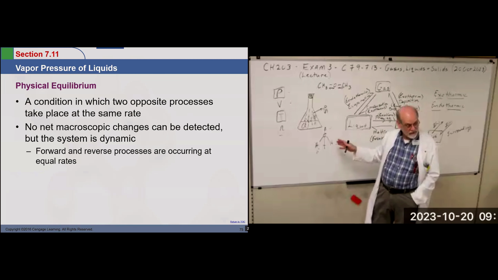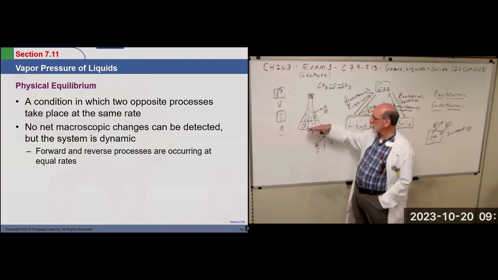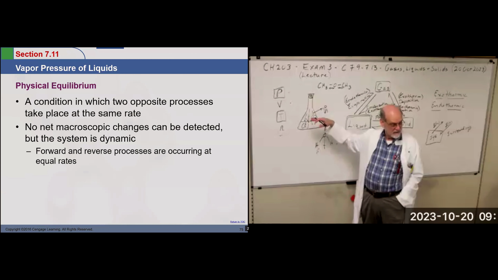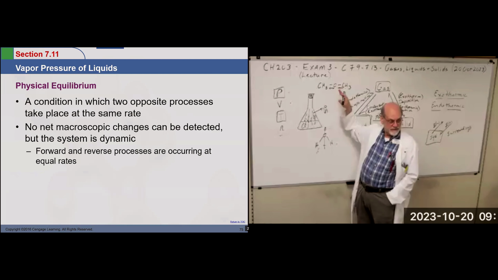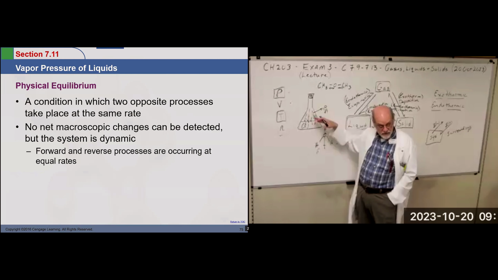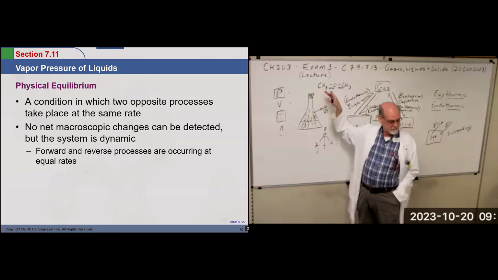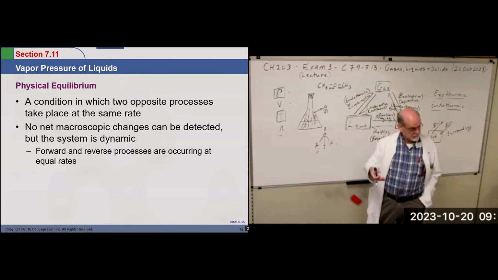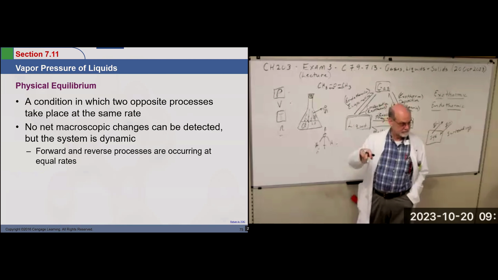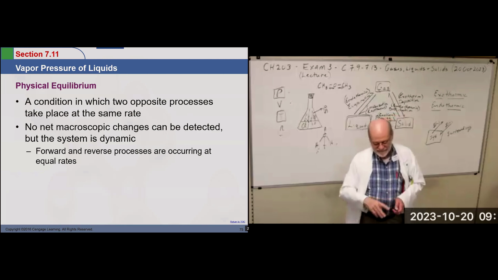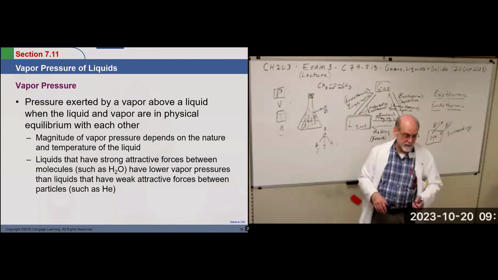So if we know it's water, then we can say, all right, we know that at this temperature, it's going to be that pressure. If we change it to this one, then we use a different chart, and at the same temperature, it's going to be a different head pressure for this one. In fact, it's going to be much, much higher because it evaporates more easily and puts more of these molecules in the headspace. All right. That's known as the vapor pressure.